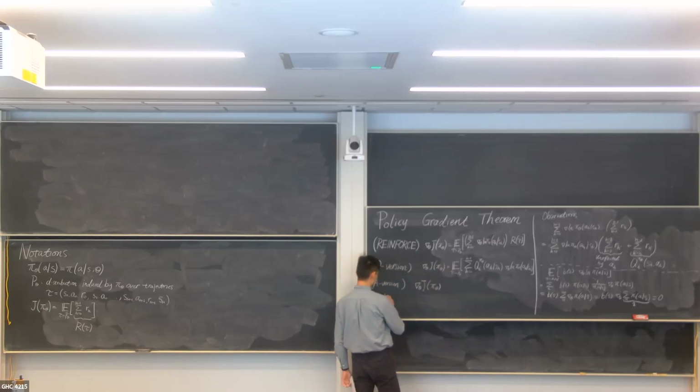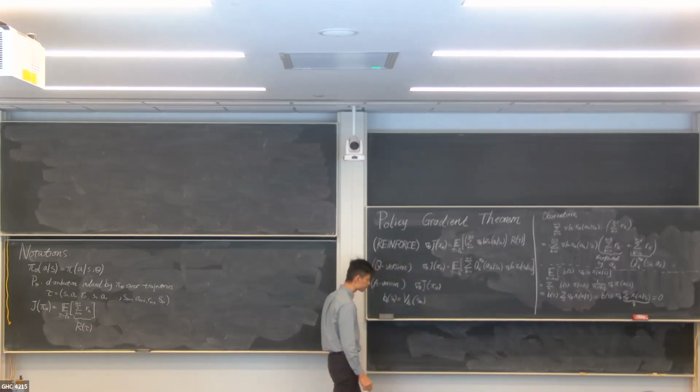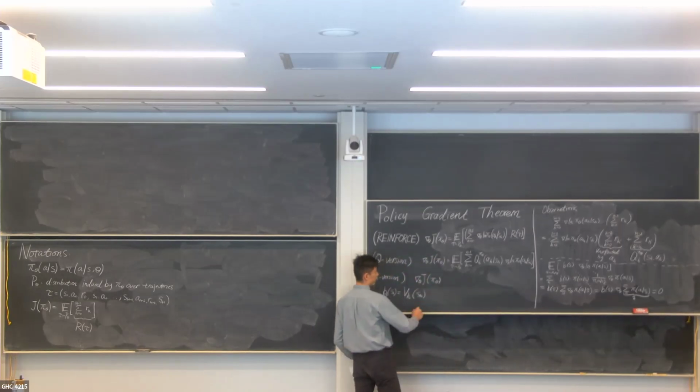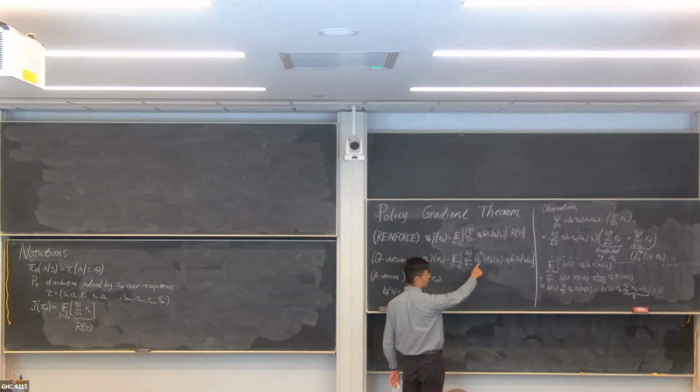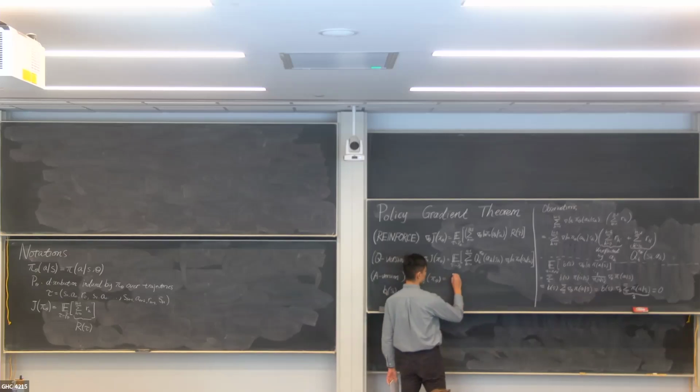And the quantity we're going to choose, I guess there'll be a dependence on h somewhere, let me put an h here, will be the state value function. So if I subtract the state value function from Q, that basically gives us the advantage function. Let me write it out.